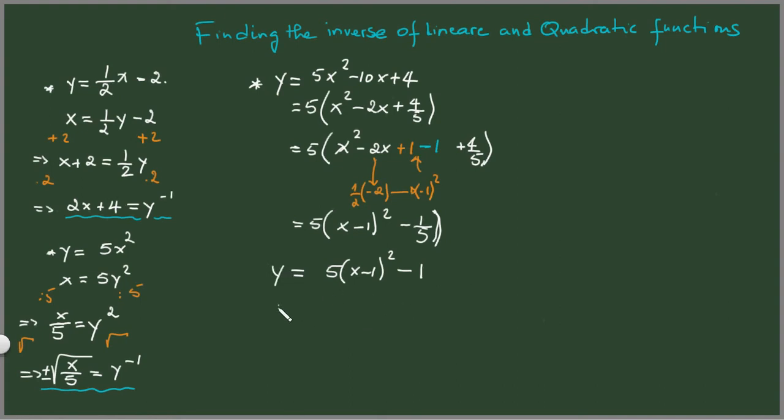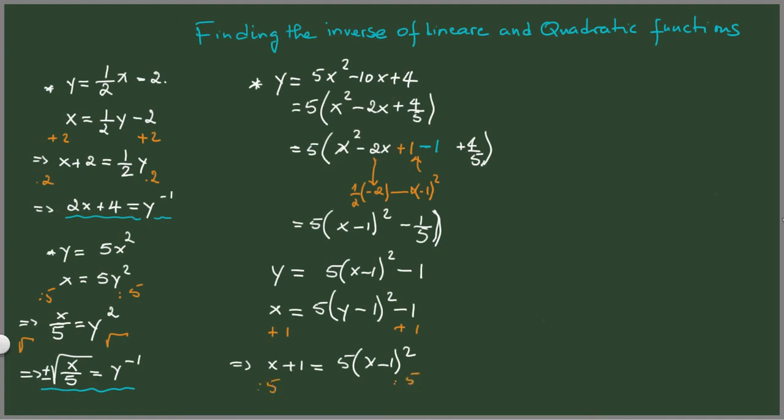We have x equals 5 times y minus 1 to the power 2 minus 1. Adding 1 on both sides gives us x plus 1 equals 5 times y minus 1 to the power 2. Now divide by 5 on both sides.